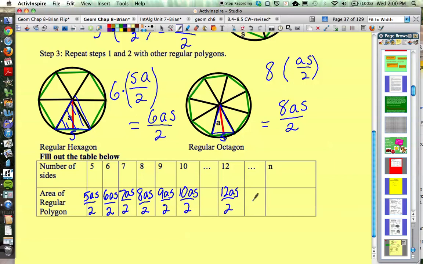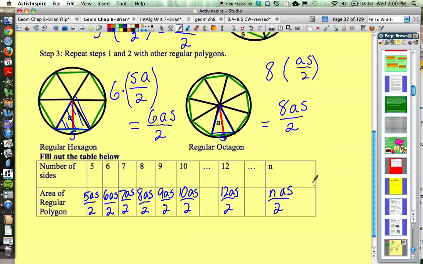So what is the formula? If we have n sides, in other words, a generic regular polygon with n number of sides, hopefully you're noticing that the number of sides goes right into that first spot. So n times A times S divided by 2 would be the general formula for the area of a regular polygon.